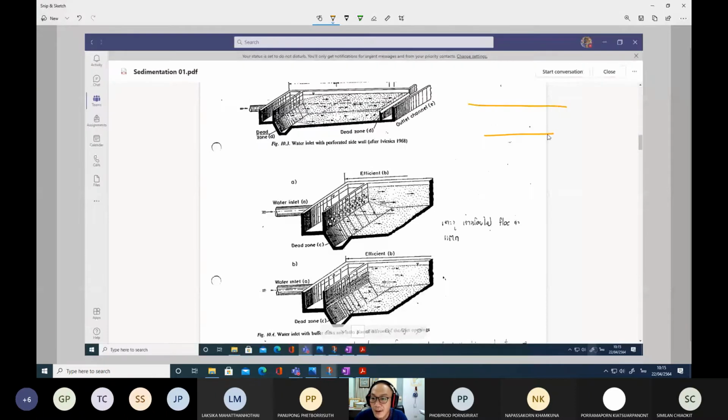So this is a pipe, water just flowing like this with flow rate Q. This Q is equal to A times V, area times velocity. But once we install the orifice, the opening area is smaller.